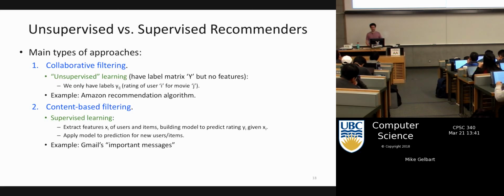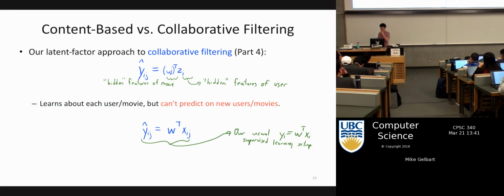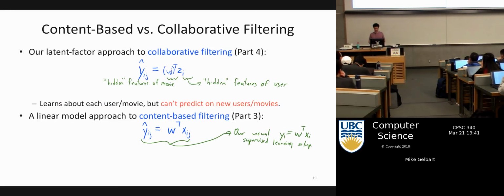So this is nice because when a new person or a new movie shows up, you're going to have those features and you can just immediately make predictions. This is just showing that the math for those two things looks kind of similar, except that in the supervised case, you actually have the features.